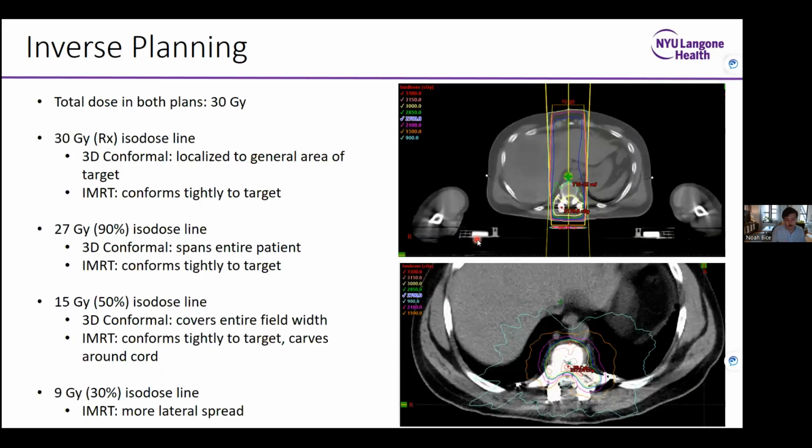So here's a quick comparison of what we might be able to achieve with just an AP/PA spine plan compared to a spine SBRT delivered with VMAT. As I mentioned earlier, the higher dose levels conform more closely to the target in the case of VMAT, whereas with the 3D plan, they spill out along the length of the patient.